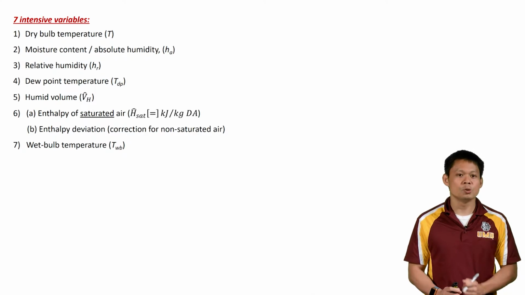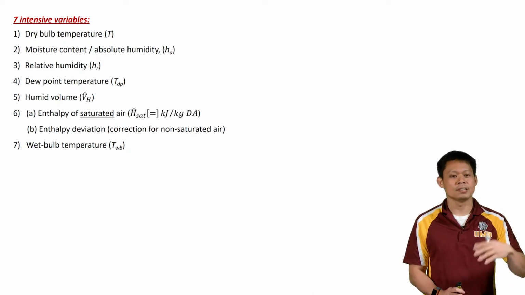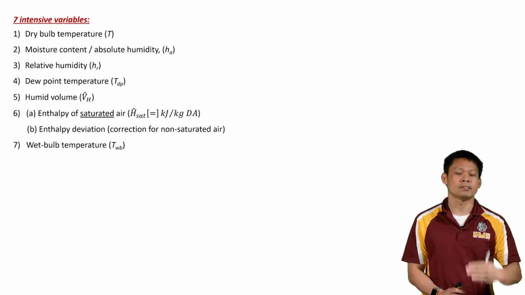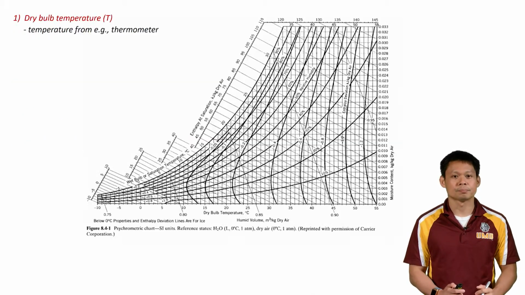We can also read off the dew point temperature, a humid volume, and the enthalpy. In terms of the enthalpy, we're going to read off 2 different things. First is the enthalpy of saturated air, and we're going to correct for that if it's non-saturated. And last of all, we have the wet bulb temperature. So let's go through each one of these variables and see how we can read off the plot.